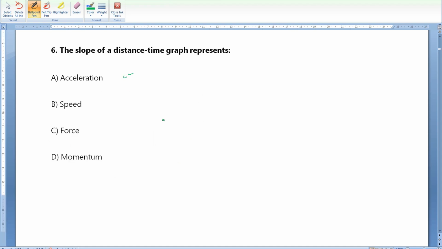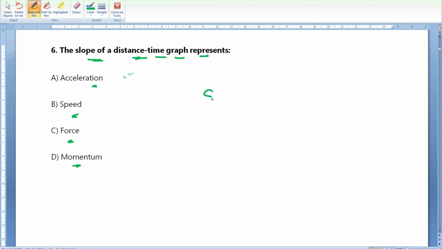Number 6, the slope of a distance time graph represents acceleration, speed, force or momentum. Here a distance time graph is given, and the slope represents what?